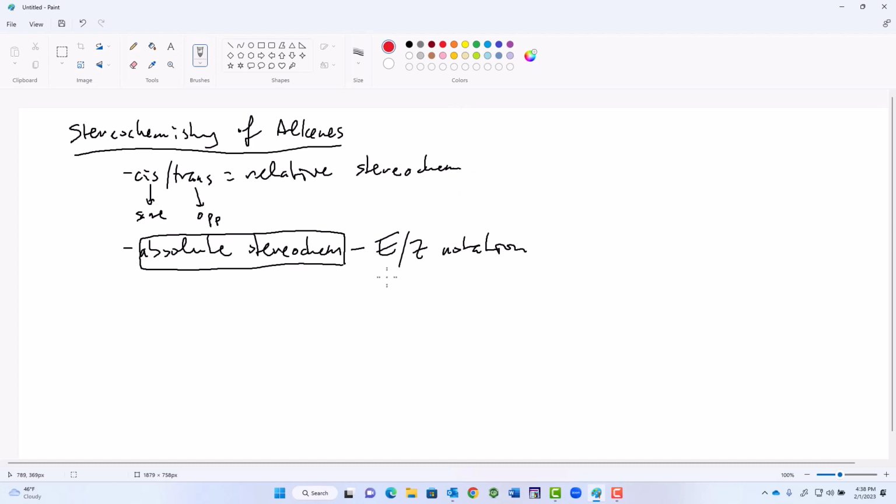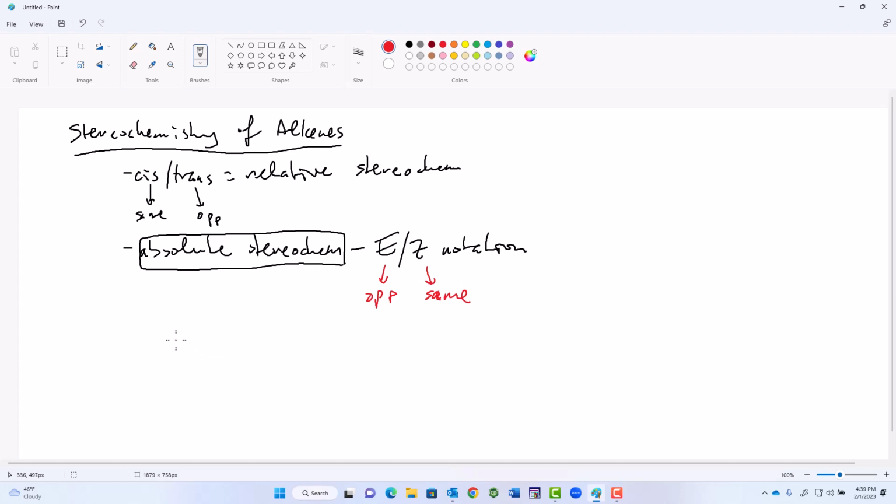E comes from the German word for opposite, and Z comes from the German word for same. So similar to cis or trans, we're talking about things that are on the opposite or same side of a double bond, but this will be the absolute stereochemical notation. So we can use this for systems with multiple or many different double bonds in the system.